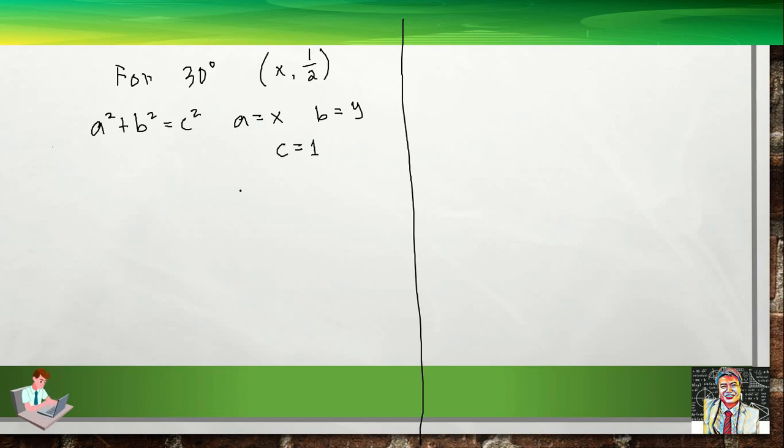Ayan yun, yung first circle natin. So, kung i-rewrite natin, that is x squared plus y squared is equal to 1. Wherein, meron na tayong value for y, which is 1/2. So, substitute na lang natin dyan. So, that is x squared plus 1/2 squared is equal to 1. So, squared natin yan. So, that is x squared plus 1/4 is equal to 1.